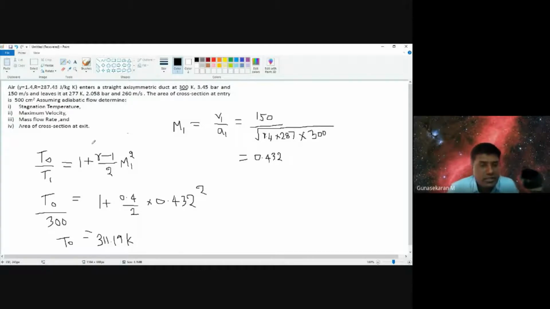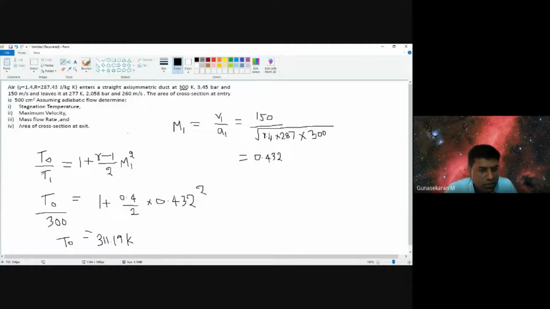We know the basic formula in gas dynamics, or in isentropic flow, and you know how we have derived it. That means T naught by T equal to 1 plus gamma minus 1 divided by 2 into M squared.